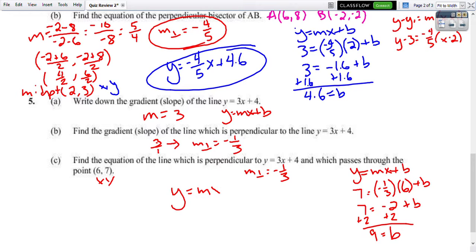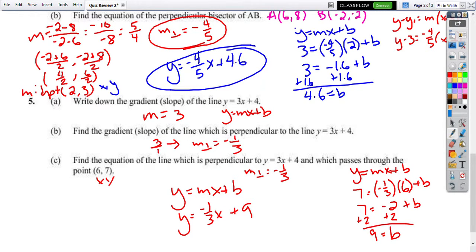So y equals mx plus b, y equals negative 1/3 x plus 9. And then if we were doing point-slope form again, we could do y minus 7 is equal to negative 1/3 times x minus 6. All right, that's page 2.